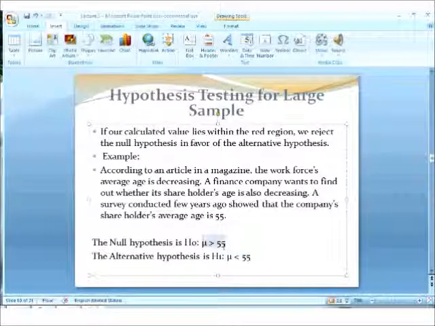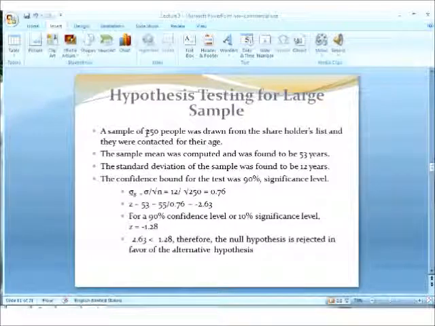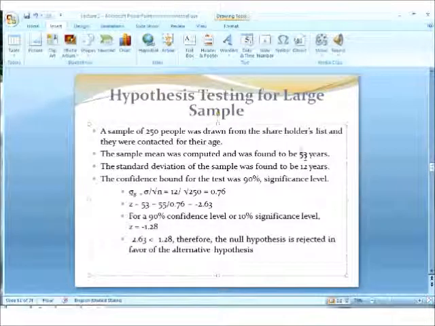Now, to see whether their claim or their hypothesis is correct or not, they collect data. So what they did is a sample of 250 people was drawn from the shareholders list. They randomly selected 250 people from the shareholders list, contacted them and asked them for their age. What they found on this recent data collection is that the mean age of the shareholders was 53 years and the standard deviation was 12 years for these 250 data points.